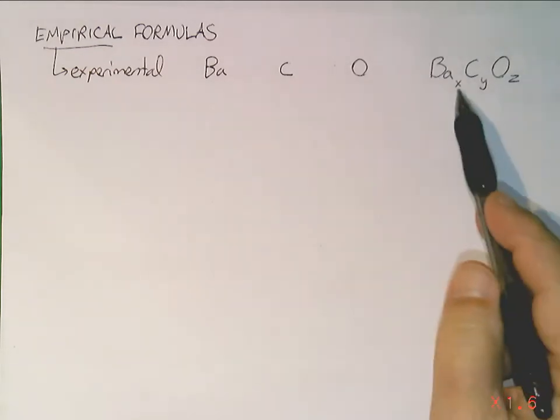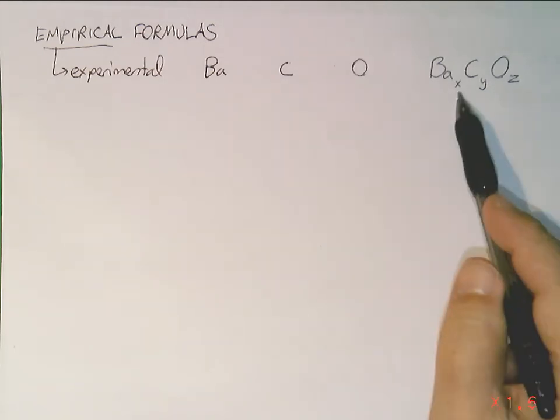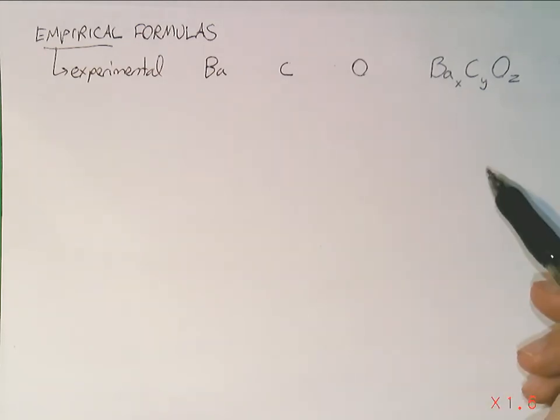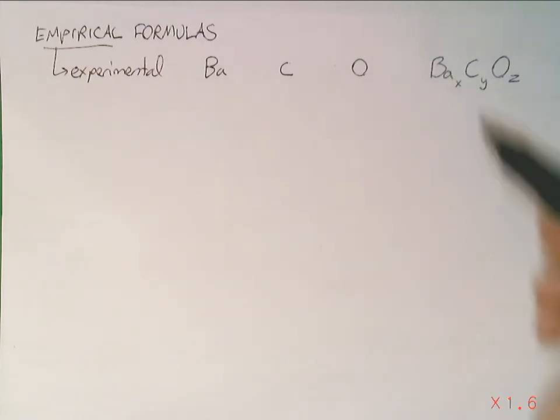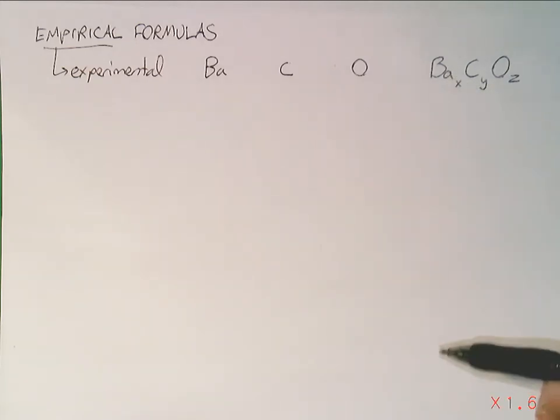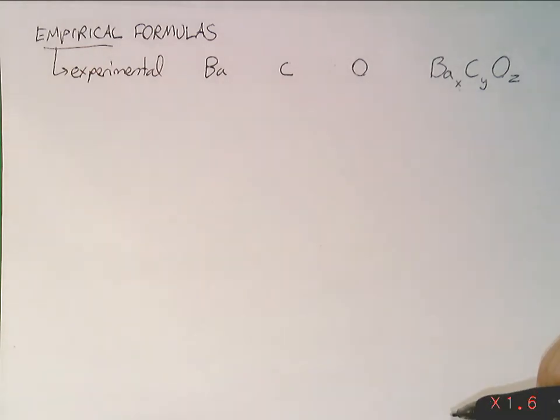So really what we want to find is what the subscripts are here. They're going to be mole ratios. This X would be moles of barium per mole of compound. This Y would be moles of carbon per mole of compound, and the Z would be moles of oxygen per mole of compound. So we need to find some mole ratios from these.